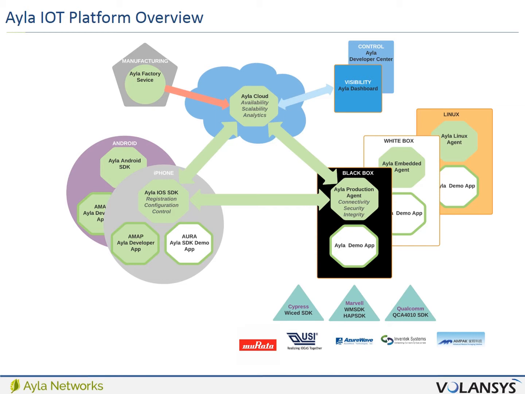For example, for the black box, the customer application communicates over the serial channel, SPI and UART, using the serial protocols, while the white box provides the embedded libraries for the customer solutions. The platform also provides the development framework for the customer in the form of mobile SDKs, embedded libraries, and demo applications.